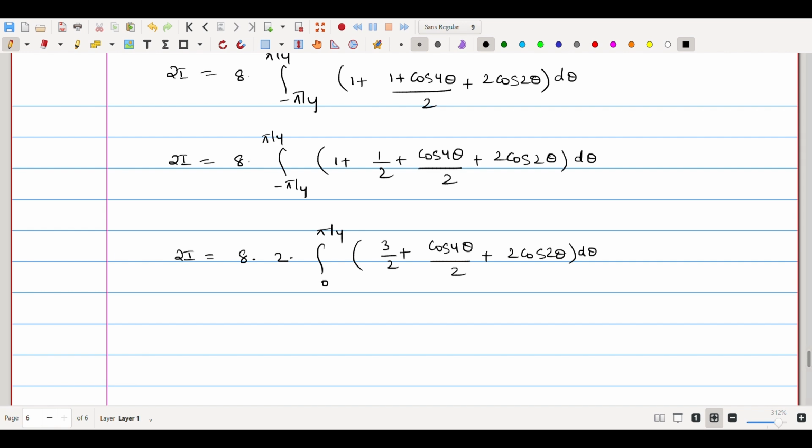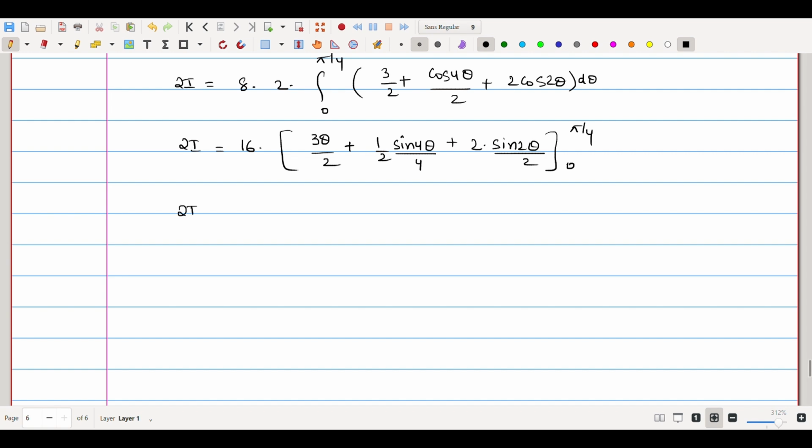Let's integrate this. 2I equals 16 times, if you integrate this, we get 3 theta by 2 plus 1 by 2 into sin 4 theta by 4 plus 2 into sin 2 theta by 2. Limits are 0 to pi by 4. So let's substitute the limits.